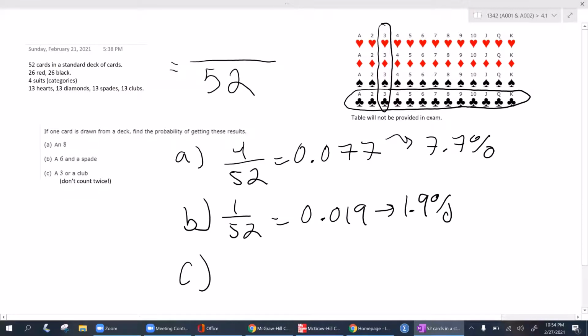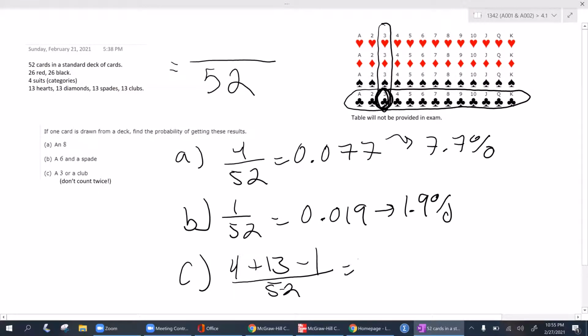But we need to be very careful here, because you need to make sure that you do not count twice. Since it is not an and statement, the number of 3s is 4, the number of clubs is 13, but I'm going to subtract 1, or else I'm going to be counting the 3 of clubs twice. I'm going to take them into consideration twice. So I'm going to subtract 1.